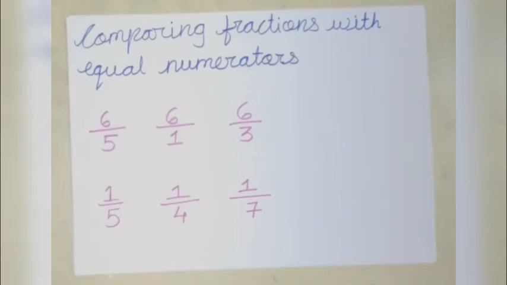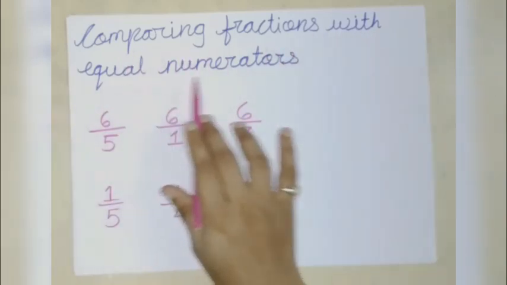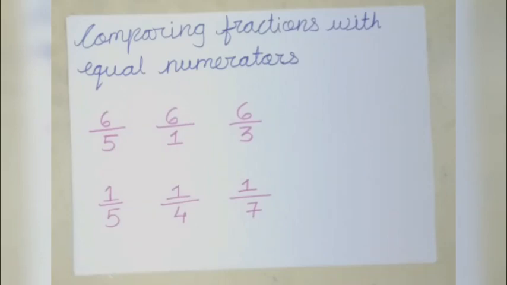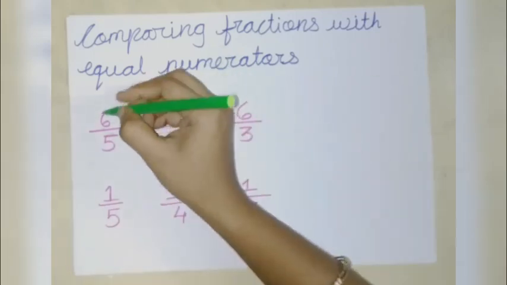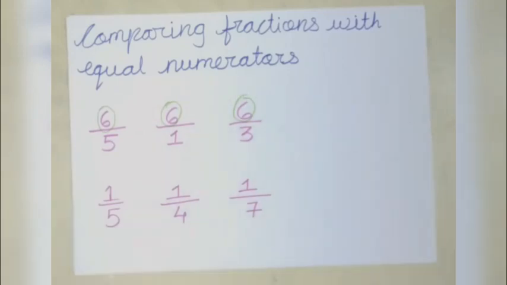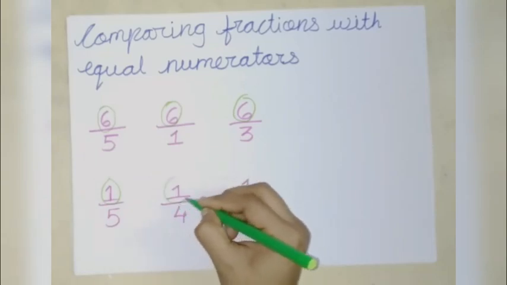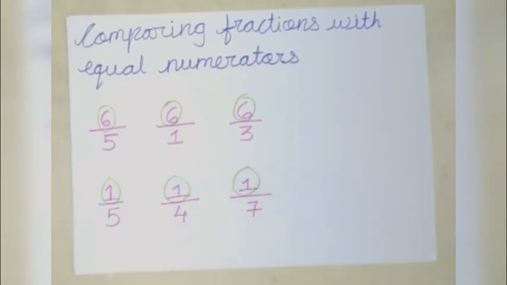Now, we will see comparing fractions with equal numerators. Here you all can see that numerators are equal. 6, 6, 6. Numerators are equal. 1, 1, 1.